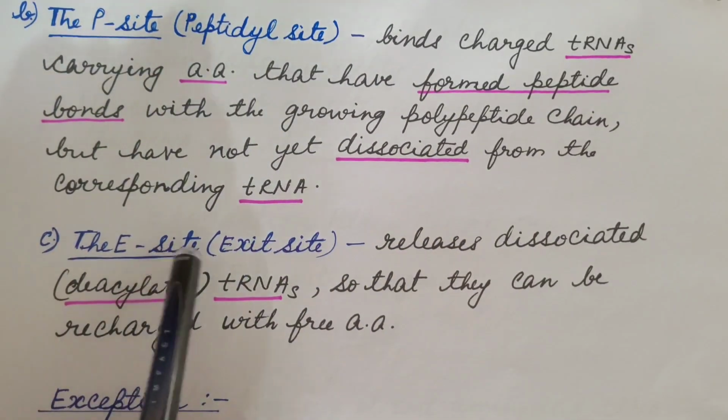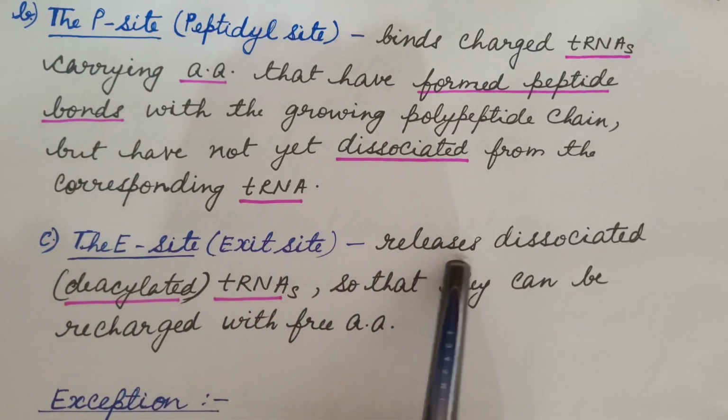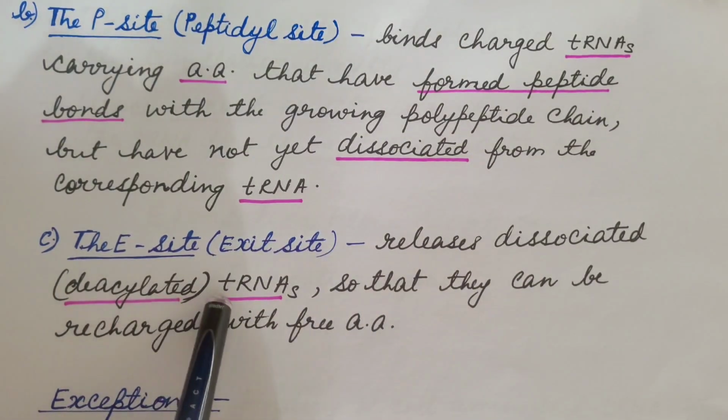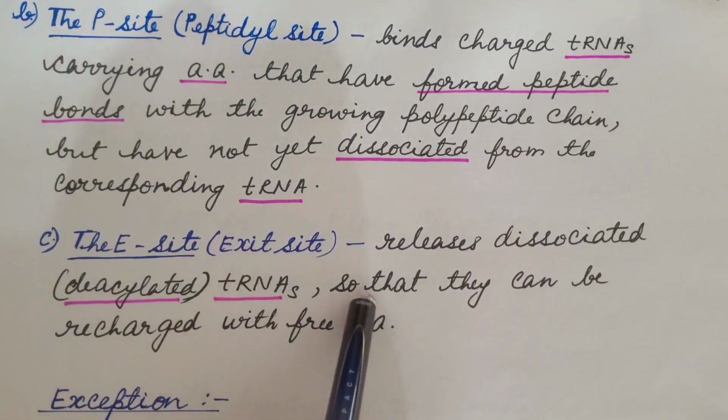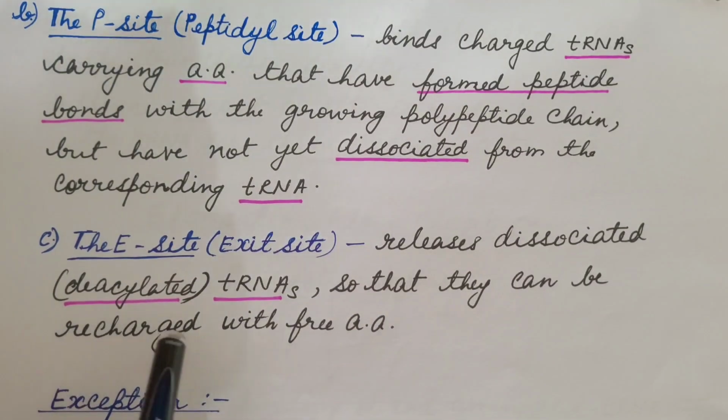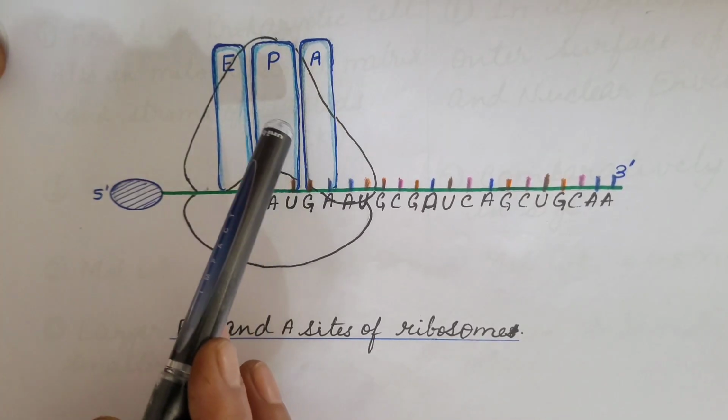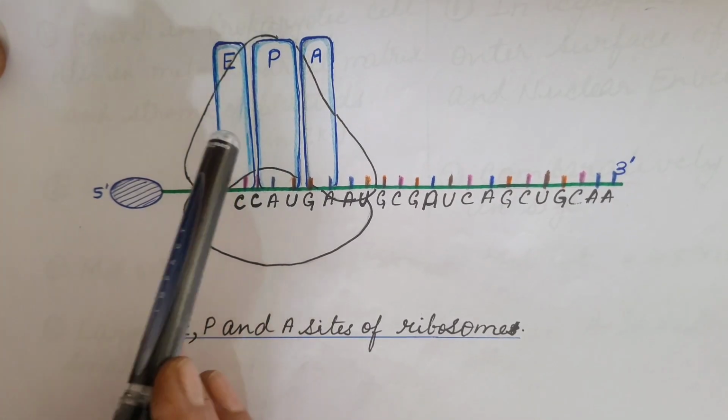Third is the E site or exit site. It releases dissociated deacylated transfer RNAs so that they can be recharged with free amino acid. This is the ribosome and these are the A, P and E sites of the ribosome.